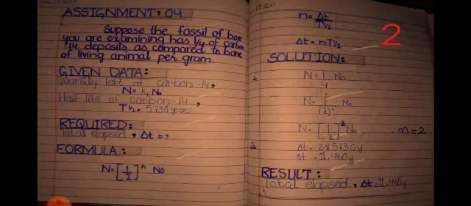Now assignment number 4, and the statement is, suppose the fossil of the bone you are examining has 1/4 of carbon-14. So it means the quantity left will be 1/4 of the original quantity. So N is equal to 1/4 N naught, as compared to the bone of the living animal per gram. The half-life of carbon-14 is 5,730 years.